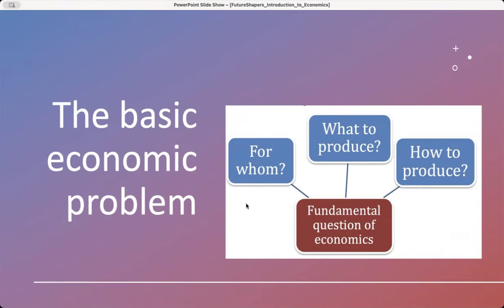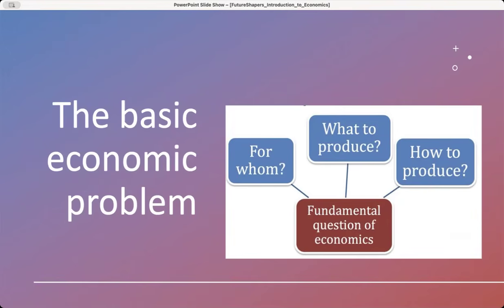So let's go through these questions one by one. First question is what to produce. This question involves deciding which goods and services a society should produce and in what quantities, given its limited resources. Second question is how to produce.